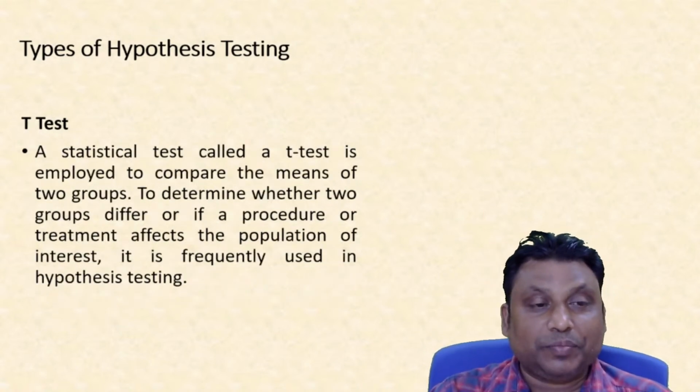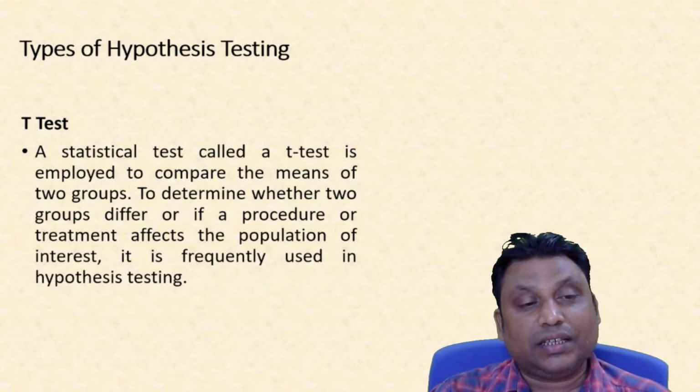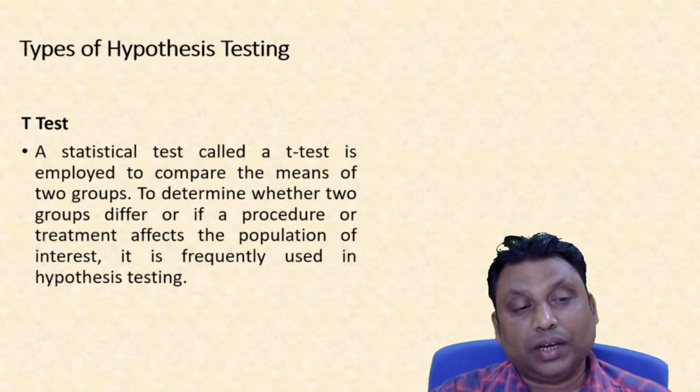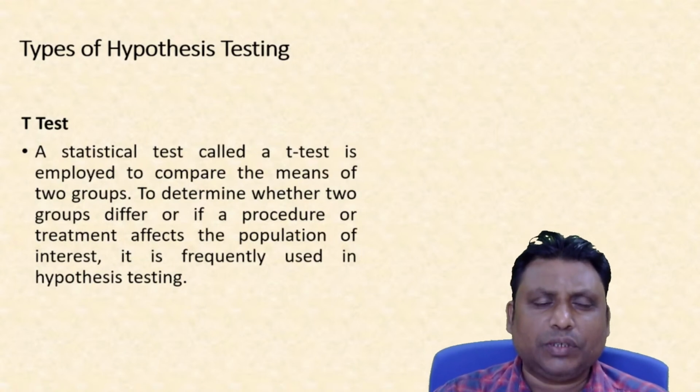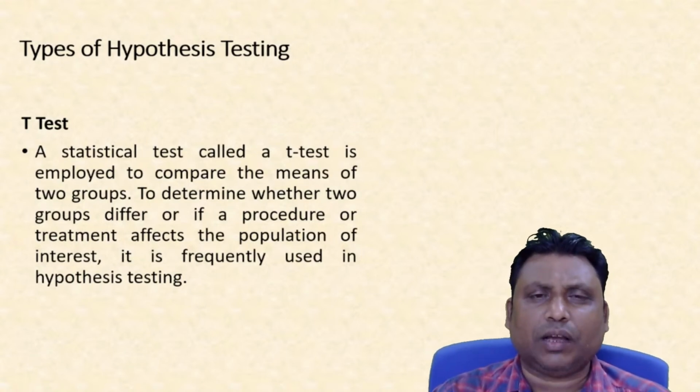Then what is the t-test? A statistical test called the t-test is employed to compare the means of two groups to determine whether two groups differ from each other or not, or if a procedure or treatment affects the population in question. It is frequently used in hypothesis testing. So generally, when you are testing hypothesis, you are using the t-test.